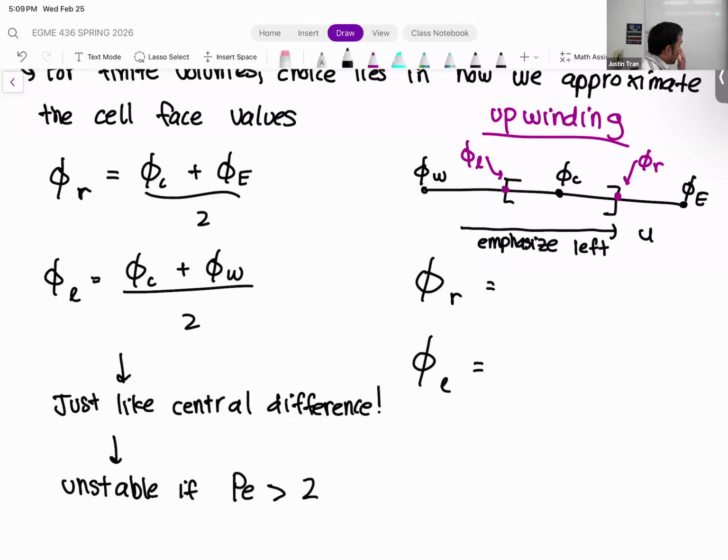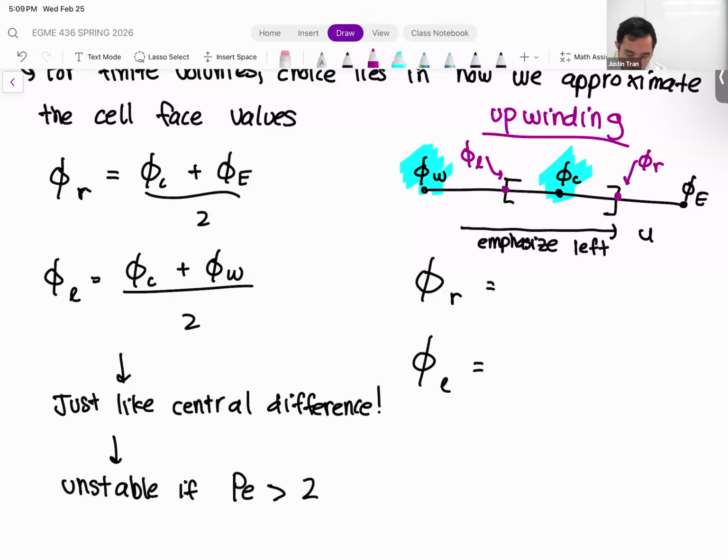Okay, let's start with phi sub little l. That is the cell face value on the left edge of our cell. It's right in between phi sub w and phi sub c. Previously, we said that physically it's right in the middle, so let's just take the average. The other extreme is that we can say the value of phi sub l is equal to the cell-centered value right to its left.